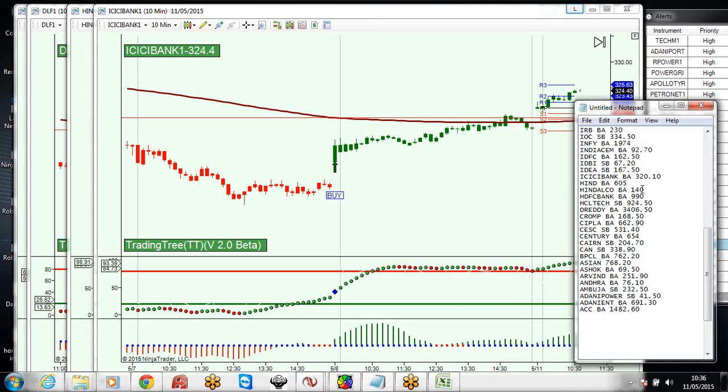That's ICICI Bank. We had a buy at 320.10. Now it is at 324.35.